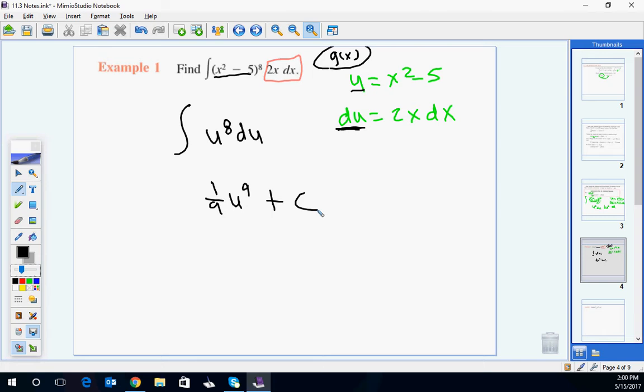So 8 goes to 9. The 9 would have to cancel the 1/9. And now we insert the x squared minus 5 back in.